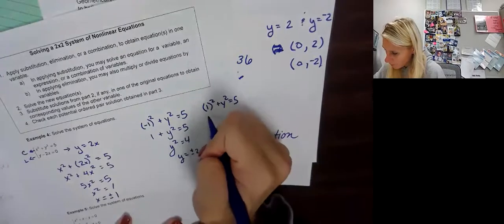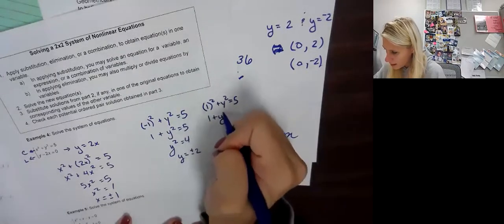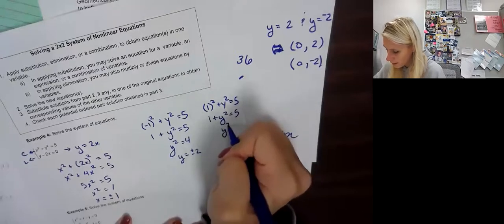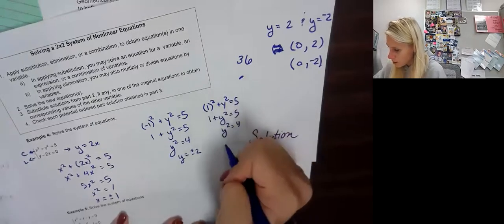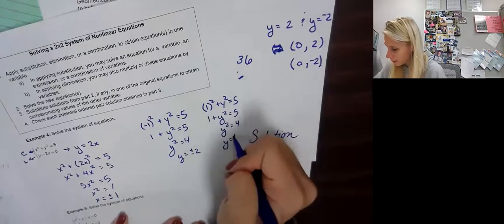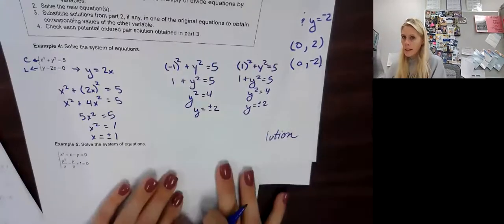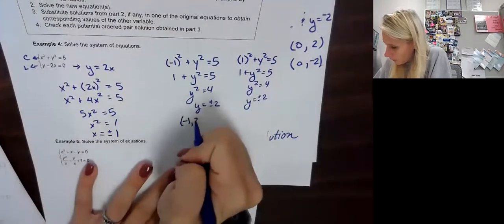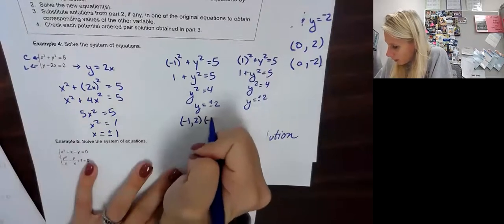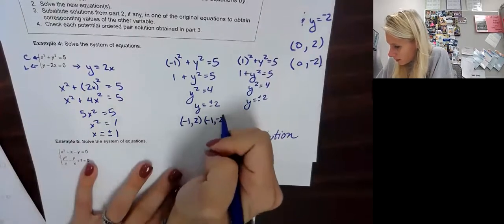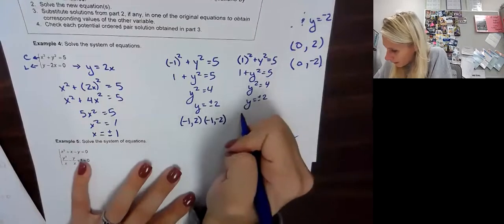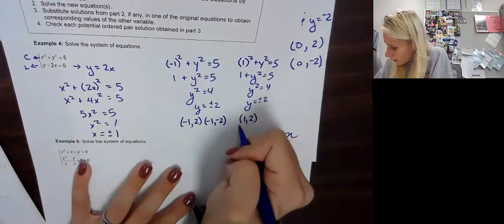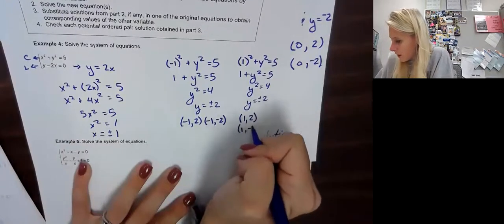And then we have 1 plus y squared equals 5. y squared equals 4. y equals plus or minus 2. All right, so if we put these together, I get negative 1 comma 2 and negative 1 comma negative 2. And we get 1 comma 2 and 1 comma negative 2.